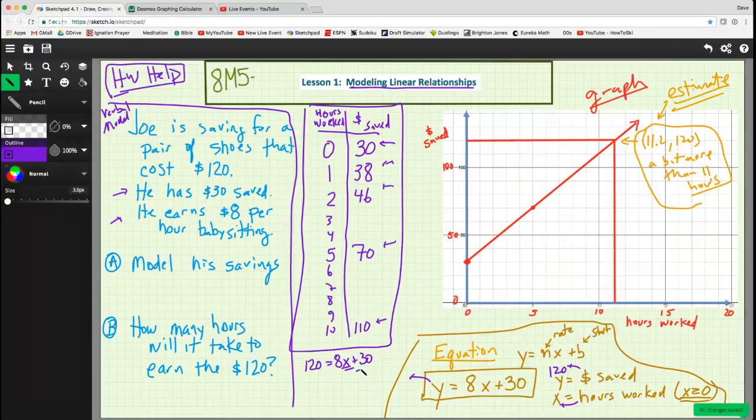So let's do that for fun. Minus 30 minus 30. So 90 equals 8x. And we divide both sides by 8 to get our answer. That will be x equals 90 over 8.